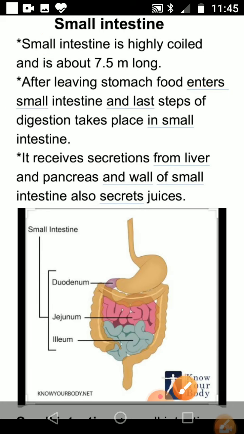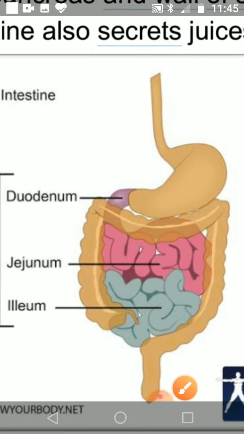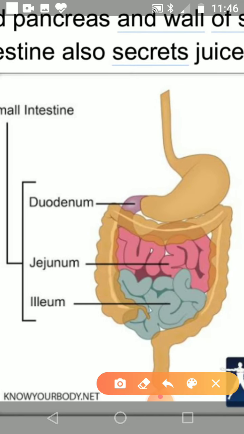If you can see in this picture, this is our food pipe, very well known. This is our stomach, a bag-like structure. And just after the stomach, there is a bend part which is known as the duodenum. That is the very first part of the small intestine, and it receives secretions from the liver as well as the pancreas.